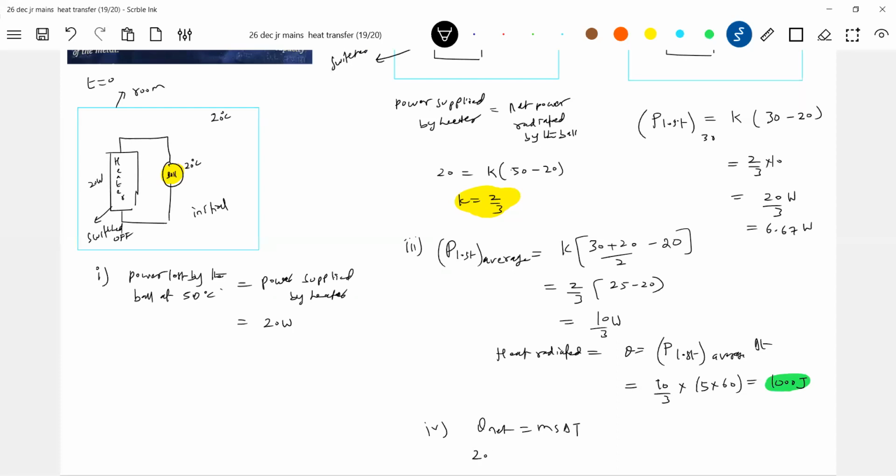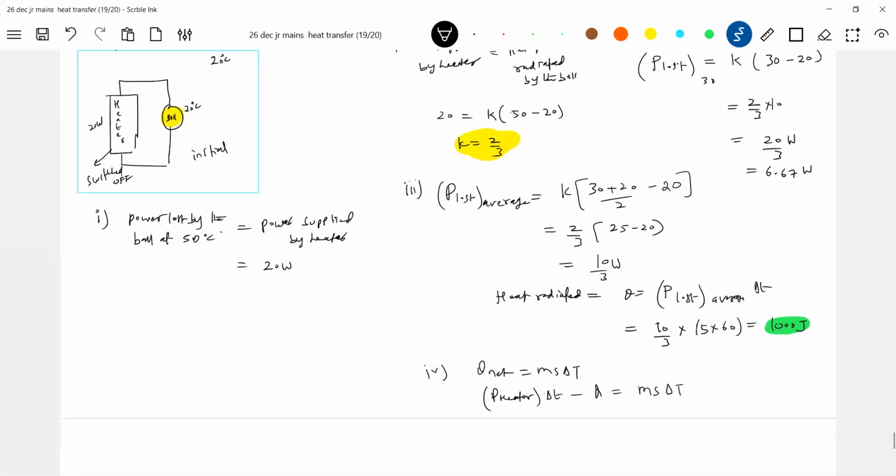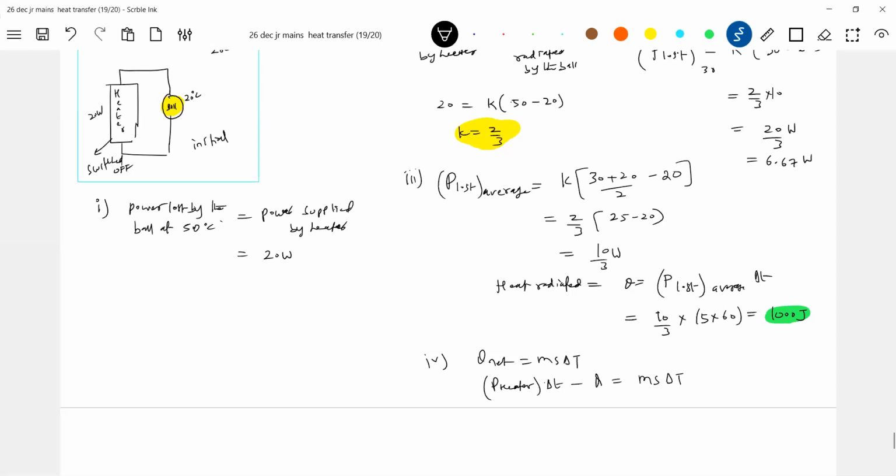So how much is it? 20 into 5 minutes, or power supplied by heater coil into delta T, minus the total heat radiated Q, equals m s delta T. And we know delta T. What is the change in temperature? In that 5 minutes, it will change from 20 to 30 degrees Celsius.